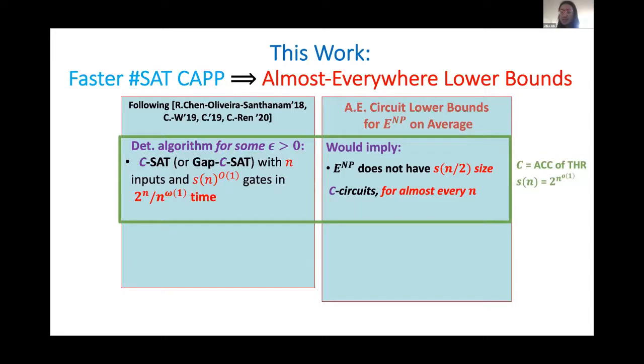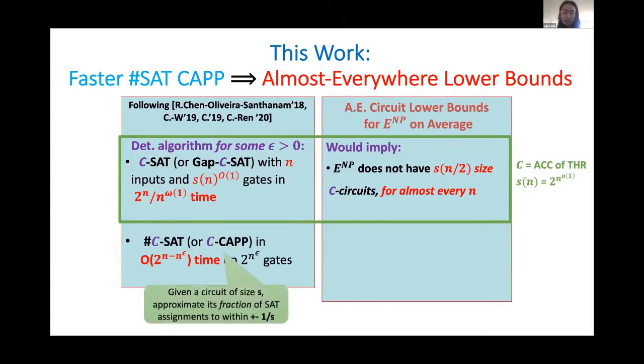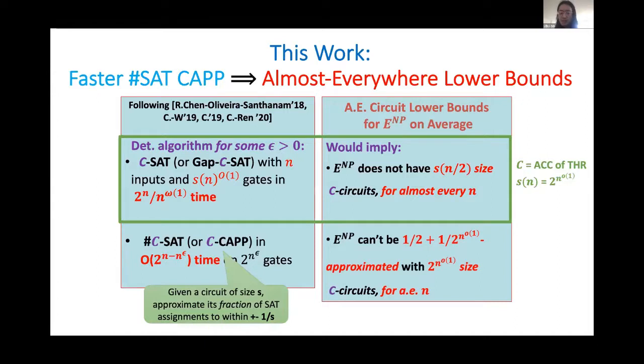When we take C to be sub-exponential size ACC of threshold circuits, and also suppose we have a #C-SAT algorithm or C-CAP algorithm in 2^n minus n^epsilon time for 2^(n^epsilon) gate circuits, then this implies E^NP cannot be 1/2 plus 1 over 2^(n^epsilon) sub-exponentially approximated by sub-exponential size C circuits for almost every n.